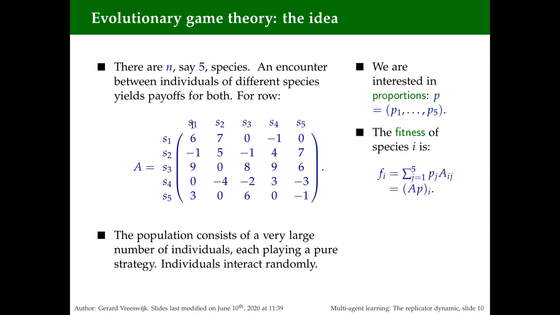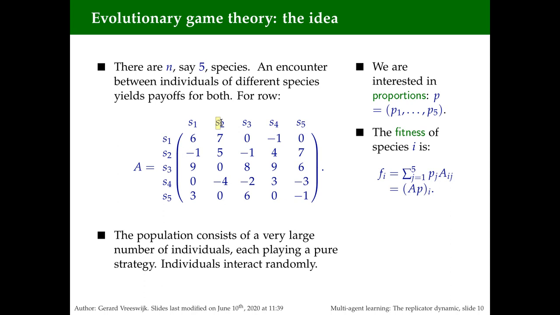For example, it must add up to 1. So this is 0.1, 0.2, 0.3. We are at 0.5, and then 0.2. S4 is 0.2 and S5 is 0.3. Hopefully this adds up to 1. So if an individual of species 1 competes with the population, then it has a 0.1 probability that it will score a 6.